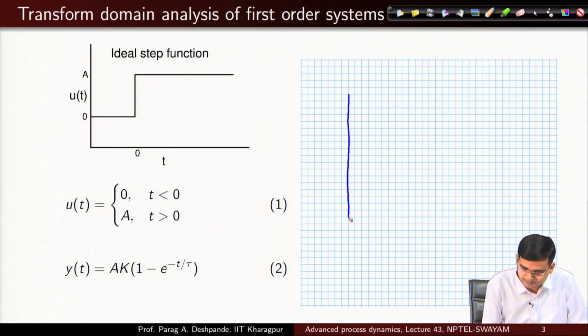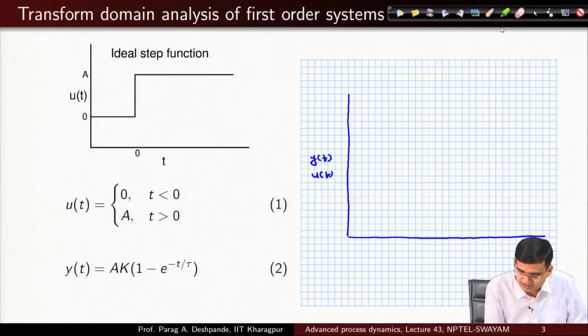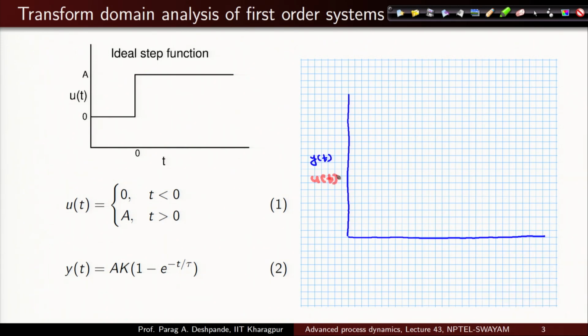In the deviation variable form, if this is y of t and u of t, then I knew that my u of t is like this, and with time my y of t would catch it up like this.